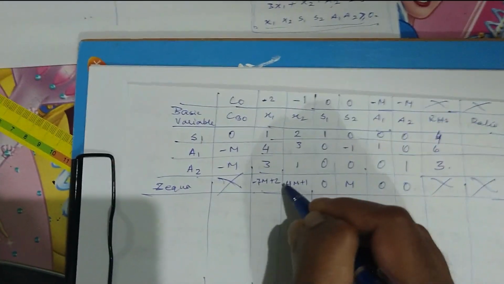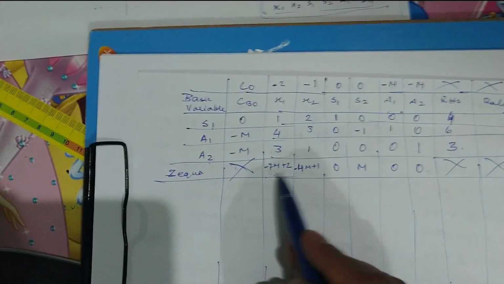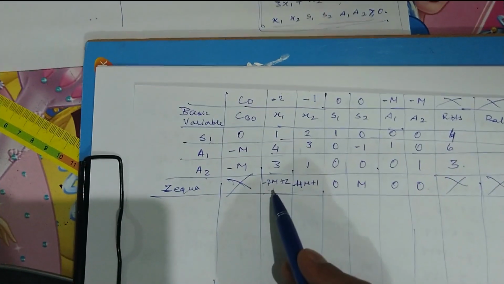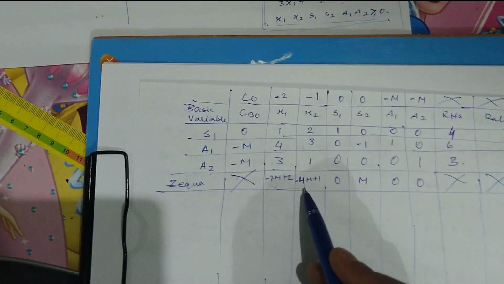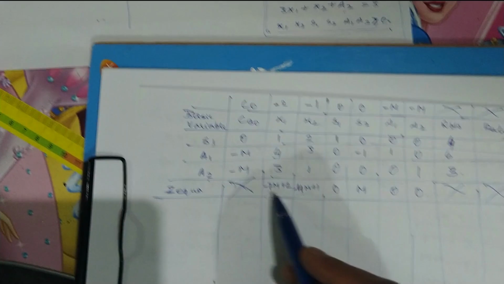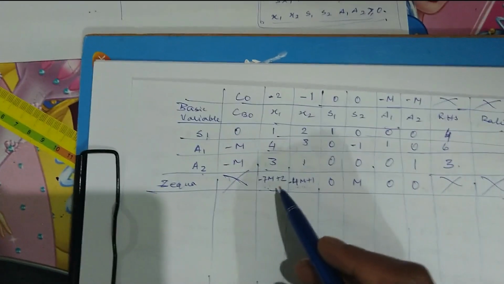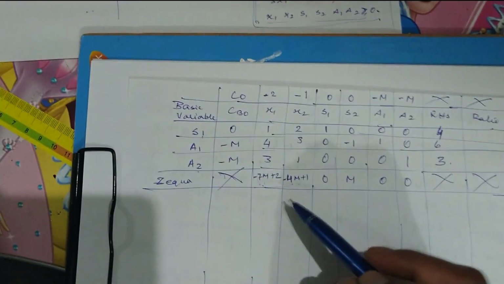So here we have two cells with a minus sign, that is, values with negative signs are available in two columns. Out of which we are now supposed to select that column which has the highest possible value with a negative sign.